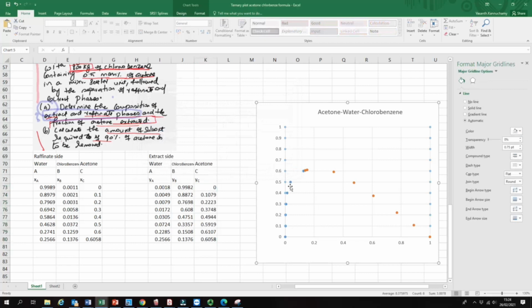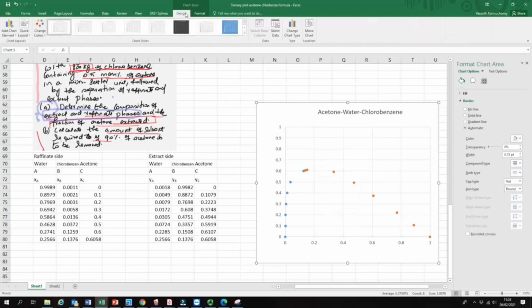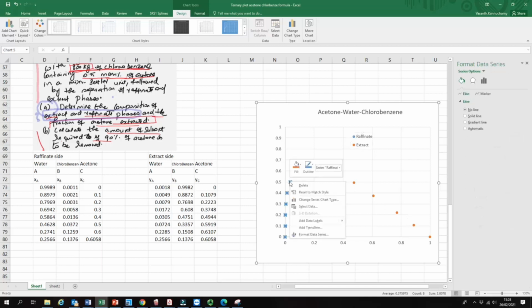So what we got is, where are the legends? Let me show. Design, quick add chart element, legends. So we plotted the raffinate arm, and we also plotted our extract arm.